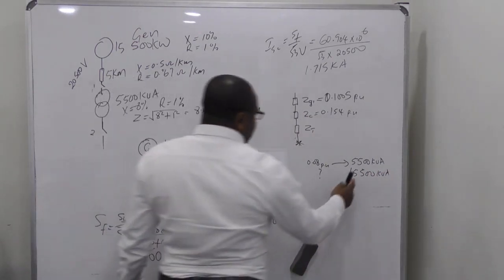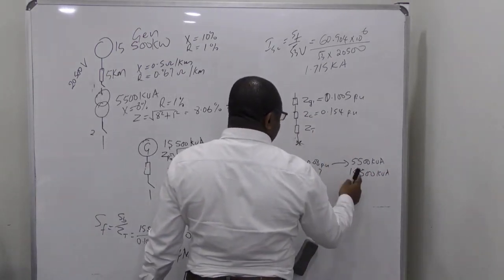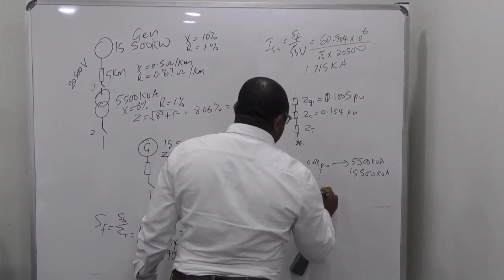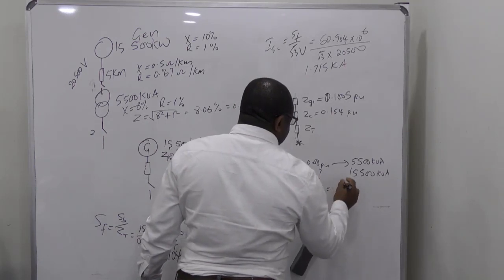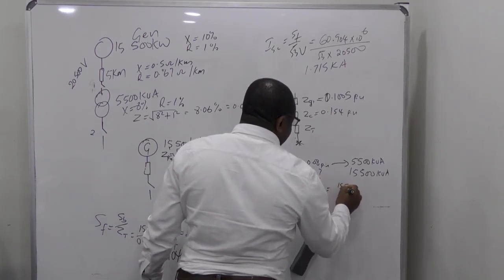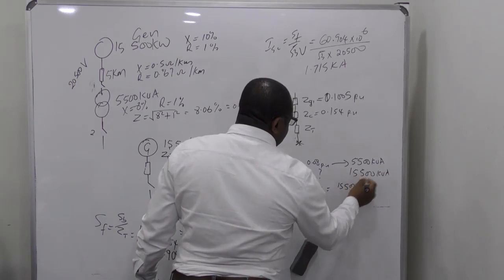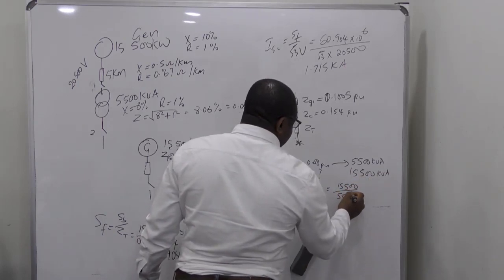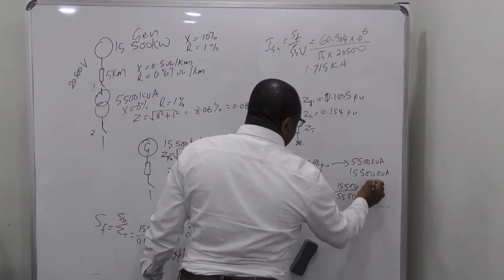Just say this divided by that over that, or this times this over this. So the Z of that transformer will be 15,500 divided by 5,500 times 0.08.